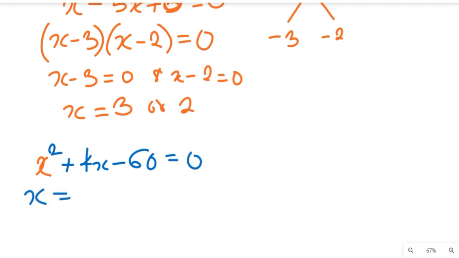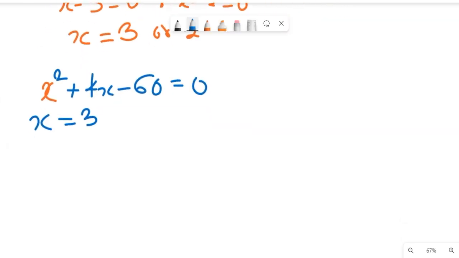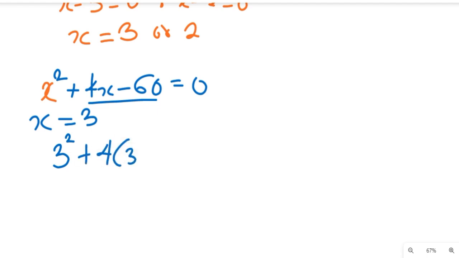If x is equal to 3, will that expression, with the solution, give us an even integer? Now let's substitute the value of x into that expression. We'll have 3 squared plus 4 multiplied by 3 minus 60. This will give us 9 plus 12 minus 60.